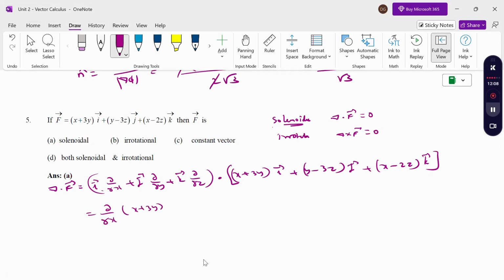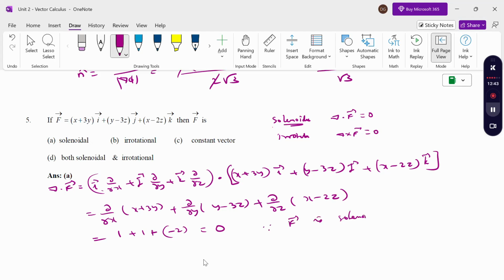Next I dot j 0, I dot k 0, plus j dot I 0, j dot j 1, dou by dou y of y minus 3z, plus j dot k 0, k dot I 0, k dot j 0, k dot k 1, dou by dou z of x minus 2z. So differentiating with respect to x gives 1, y gives 1, z gives minus 2, therefore 0. This f vector is solenoidal.